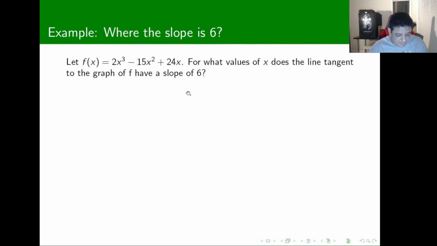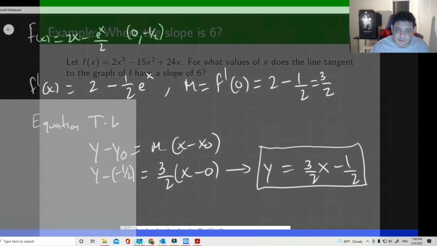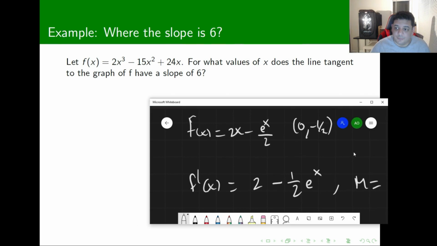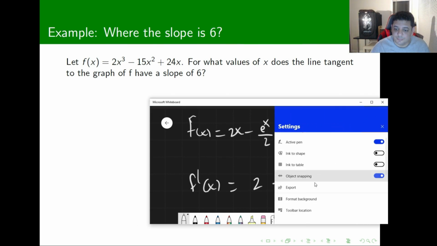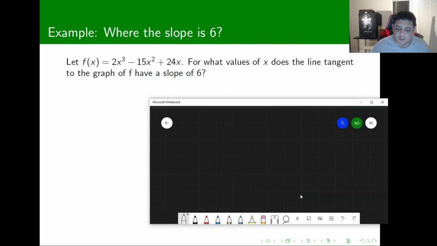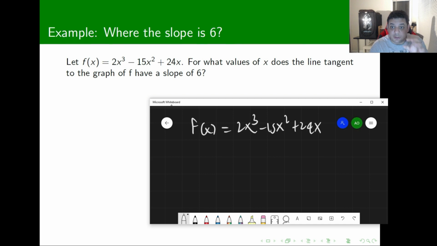Okay, so this is a different question from the usual ones. So they're talking about the tangent line to the graph having a slope of 6.